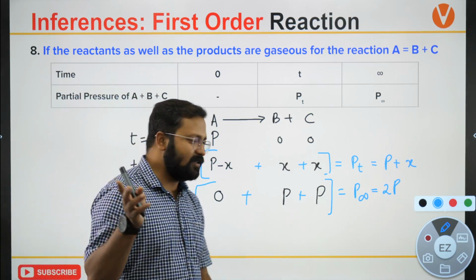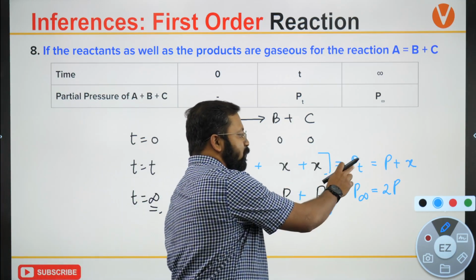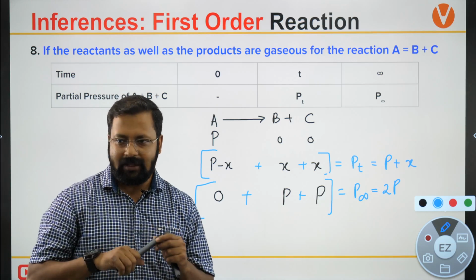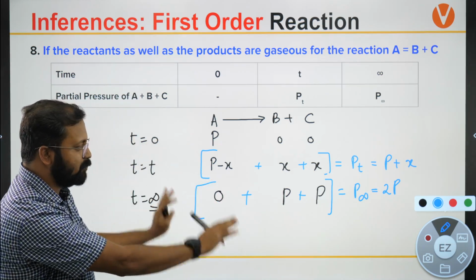PT will become equal to P plus X. So this is very, very simple expression.